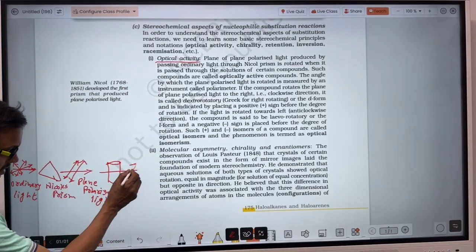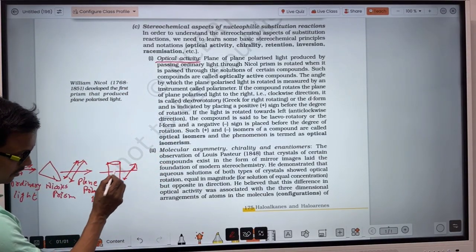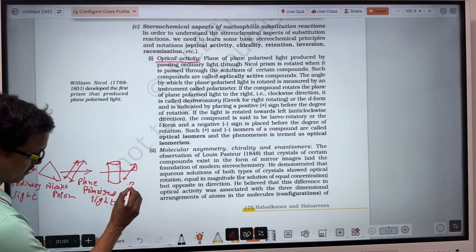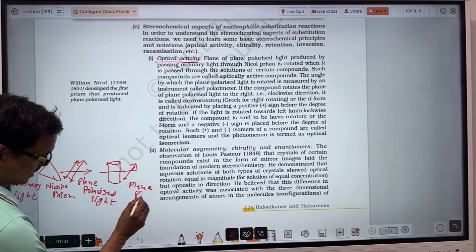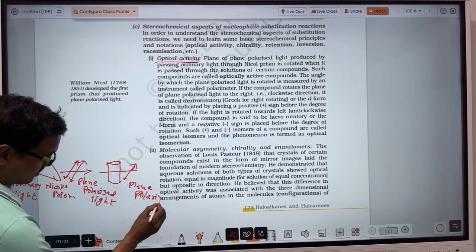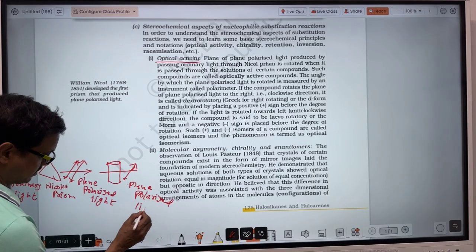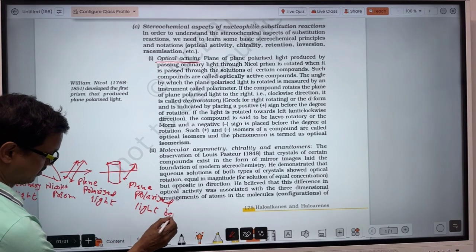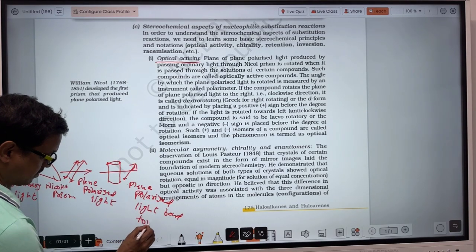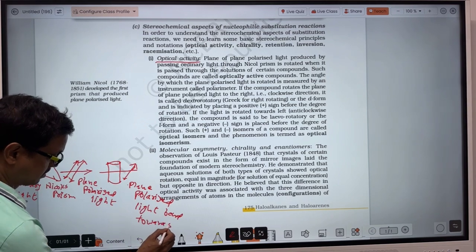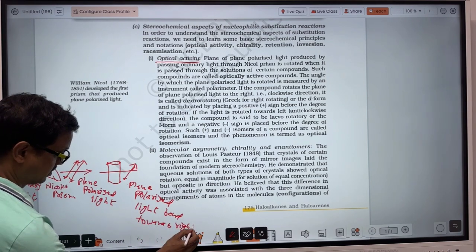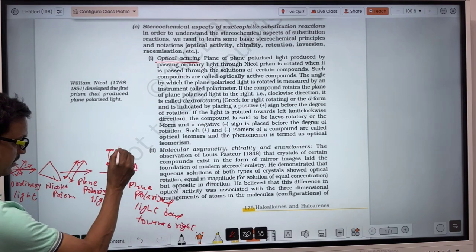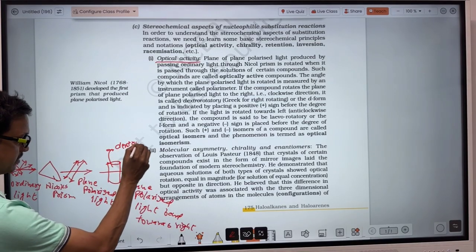So this plane polarized light, if it rotates towards right, that means the plane polarized light bends towards right, then this substance will be called dextro-rotatory compound.